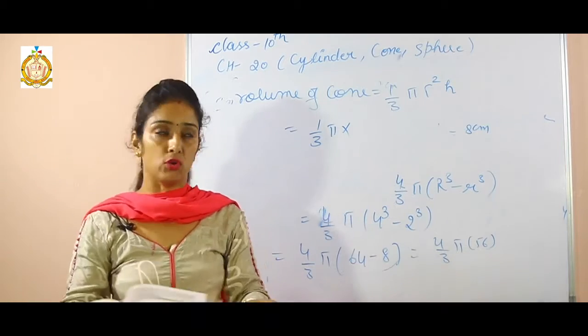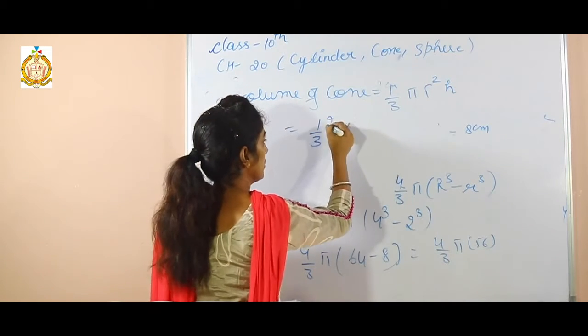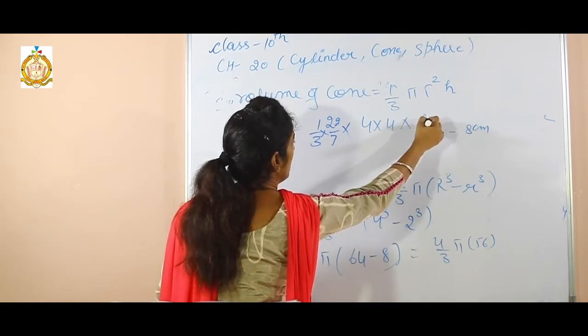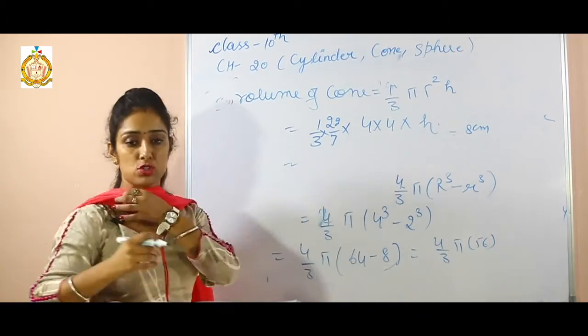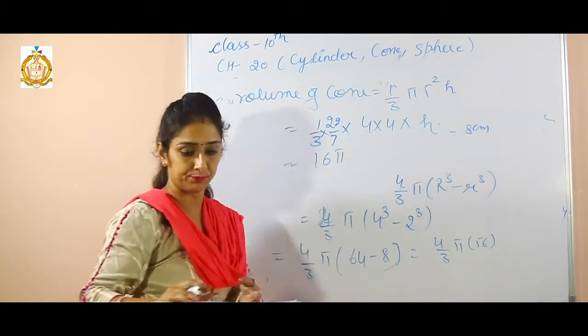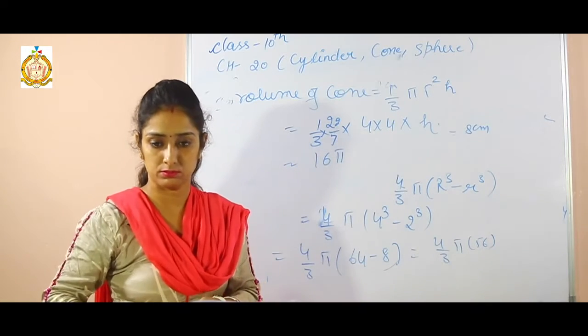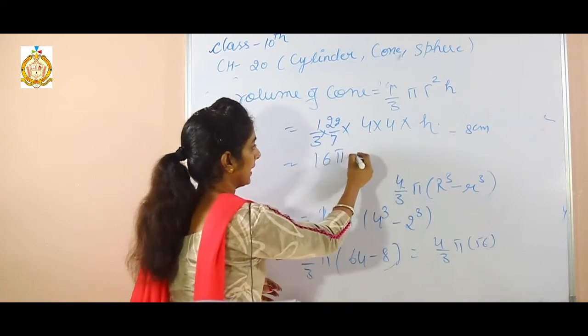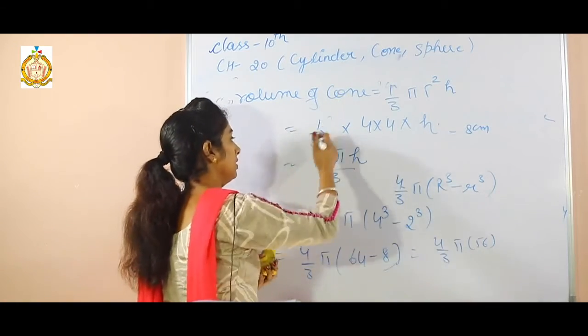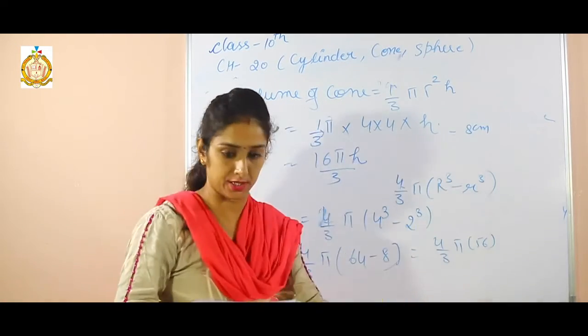R is 4. So 1 by 3 into pi into 4 into 4 into h. After solving it we get 16 pi h over 3. We do not need to put a value for pi here because later on it will be cut.